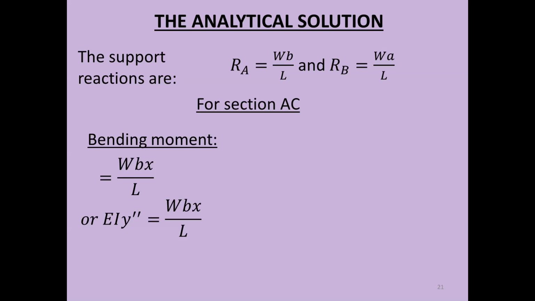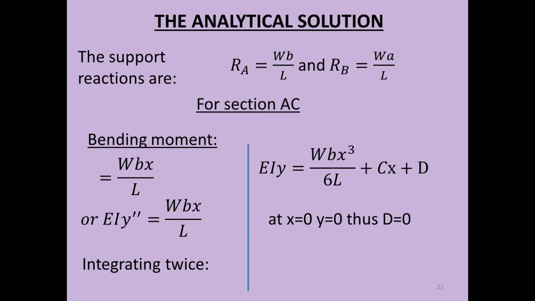Substituting the moment in the governing equation, and integrating it twice gives equation number 1 after the boundary condition has been substituted in it. Kindly notice that C still is one of the unknowns which is yet to be determined.